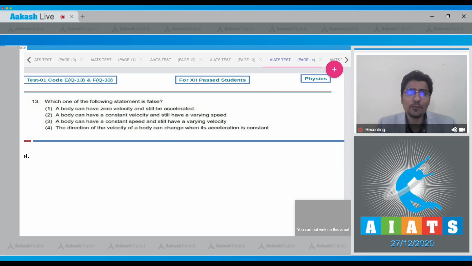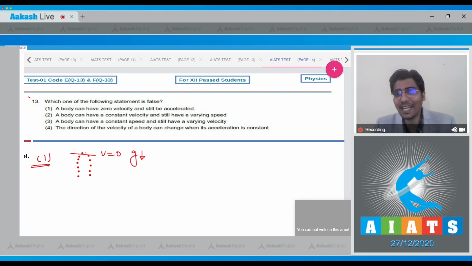Dear student, herein the first statement is correct. One of the examples is when we throw a ball upwards, at the topmost point the velocity is 0, while there is an acceleration, which is acceleration due to gravity downwards, and hence the body can have 0 velocity and still be accelerated. Now the second statement says that the body can have constant velocity and still have varying speed.